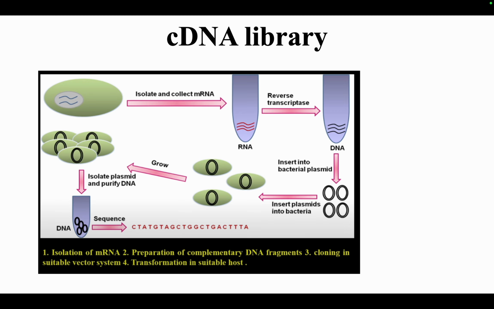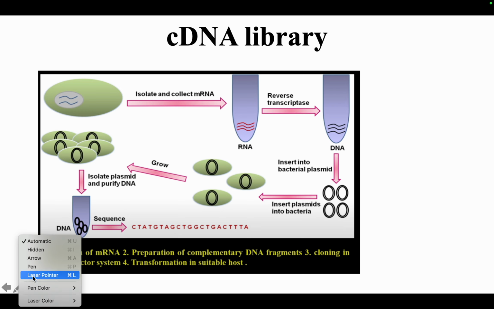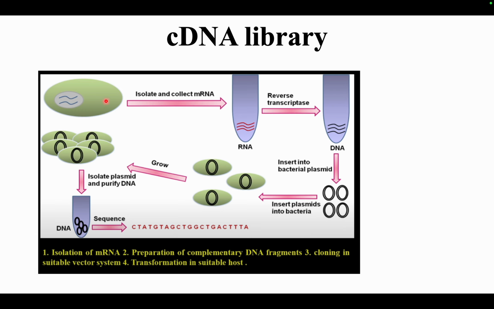Now the next method was to make a cDNA library. So we had a genomic library and we had a cDNA library. If we are interested in the transcriptomic levels, we'll go for a cDNA library. So how to make a cDNA library? Again, we need to have a transcriptome with us. First, we'll isolate the mRNA.